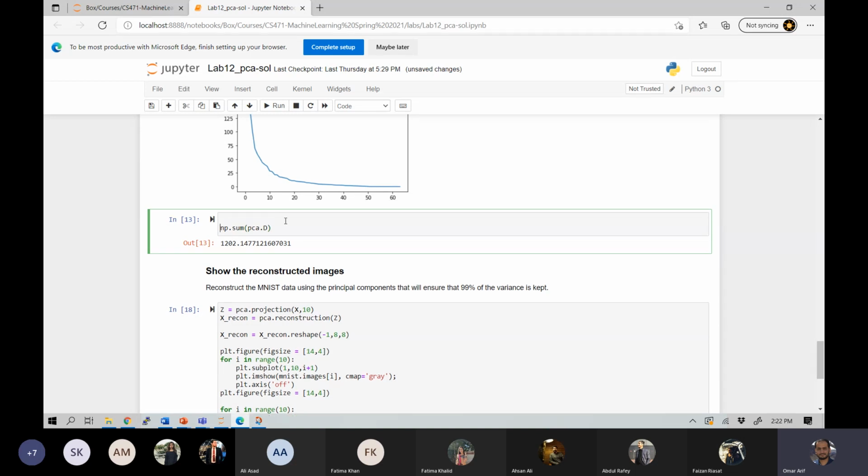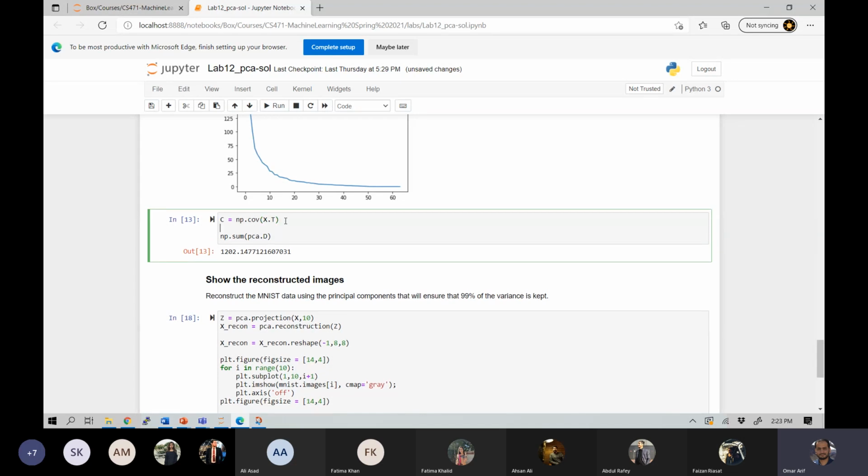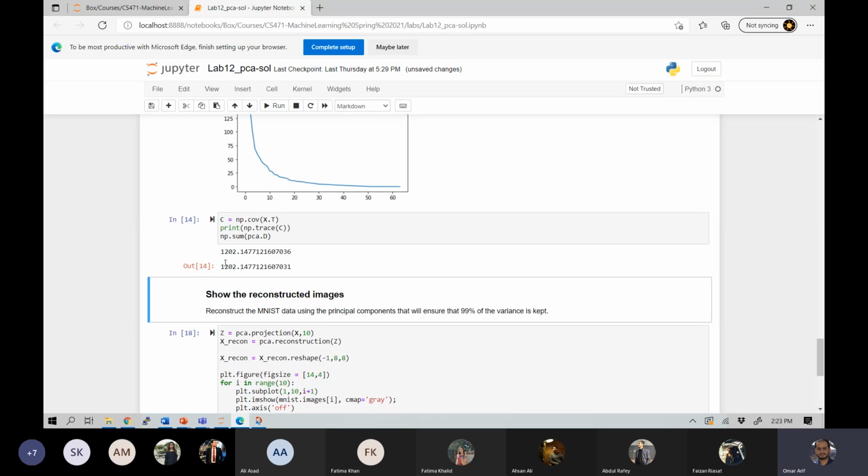You can also check that by computing the trace of the covariance matrix. So your covariance is np.cov of X.T, and print np.trace of C. So 1202 is also the total variance.